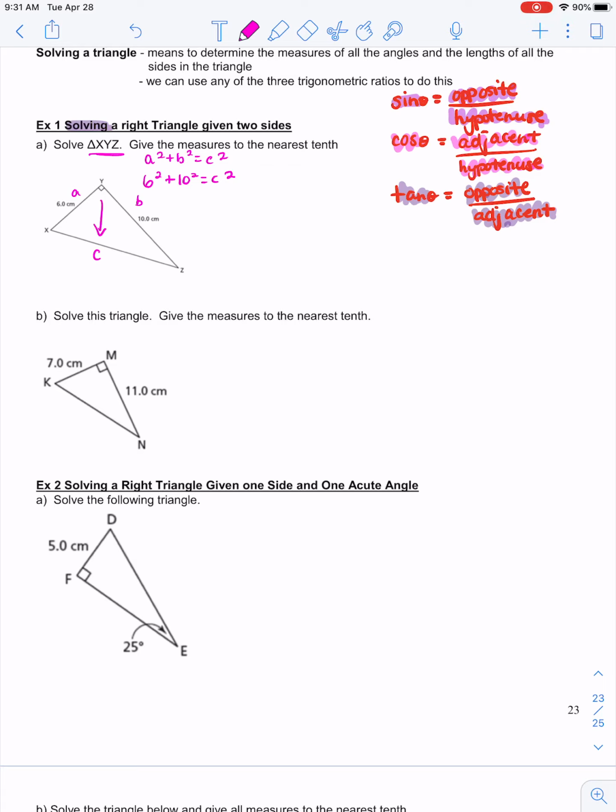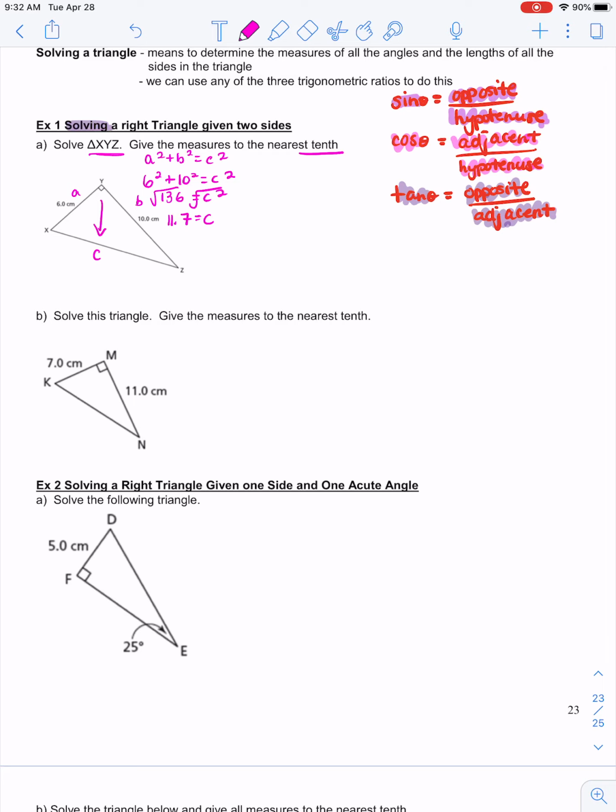That's 36 plus 100, that's 136 is equal to c squared. To solve for c, we do the opposite of squaring, which is square rooting. In our calculator, we take the square root of 136, which is 11.7, because it says the nearest tenth, so that's 1 decimal place. So that's c, the one missing side that we now know.